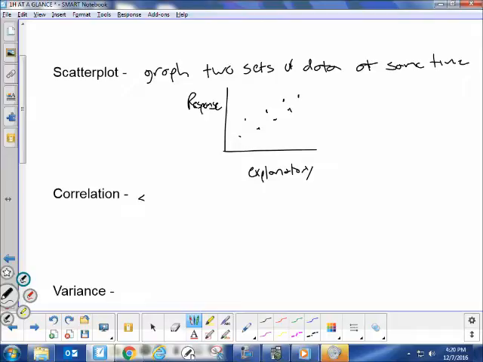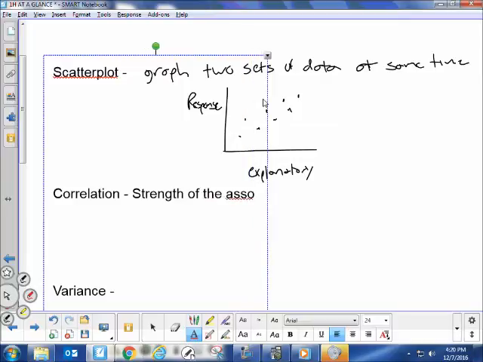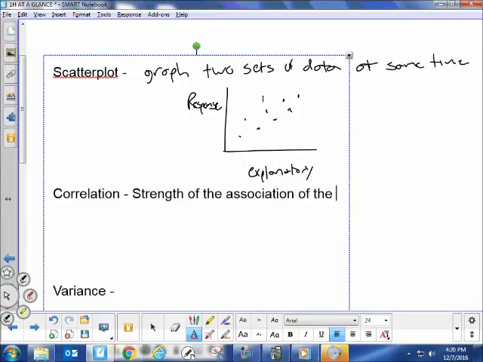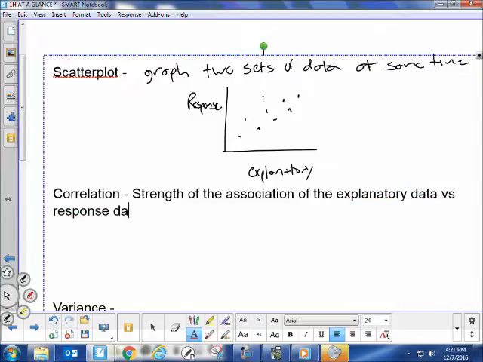Correlation shows the strength of the association of the explanatory data versus the response data. Correlation has values between -1 and 1, nothing outside of that. If you have a value of 1, you are linear. Strength of the linear association.